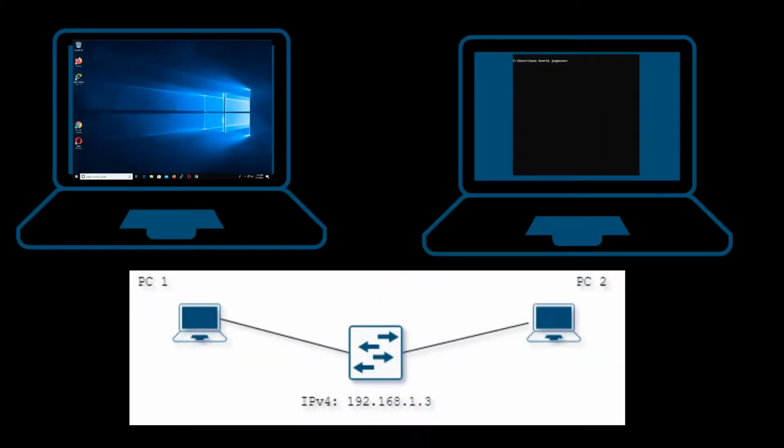So my little setup here, I have a PC1 on the left, as you can see, a Windows PC, and PC2 that we just used in the script before is a command prompt that we have. And then in between we have the switch located at 192.168.1.3.